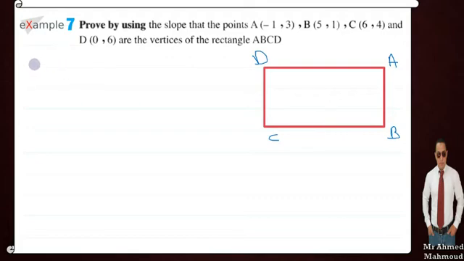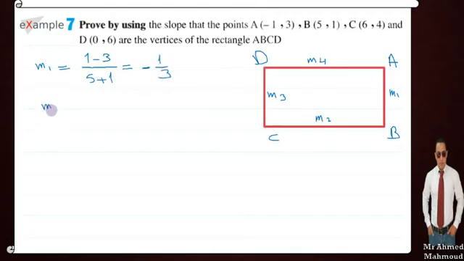Okay, I will call them M1, M2, M3, M4. M1, the slope of AB, equals 1 minus 3 over 5 plus 1, which is equal to negative 1 over 3.